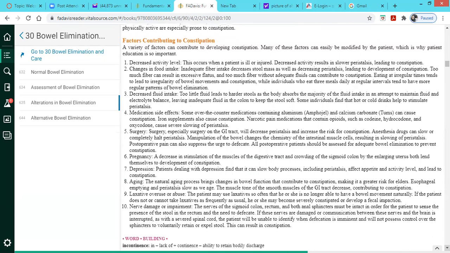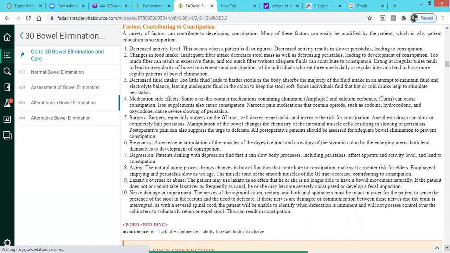Medication side effects. There are medications where the side effects are constipation. Some of the opioids, the narcotic pain medications, iron supplements can contribute to constipation. And even thinking about constipation, you think about the education a patient will require.